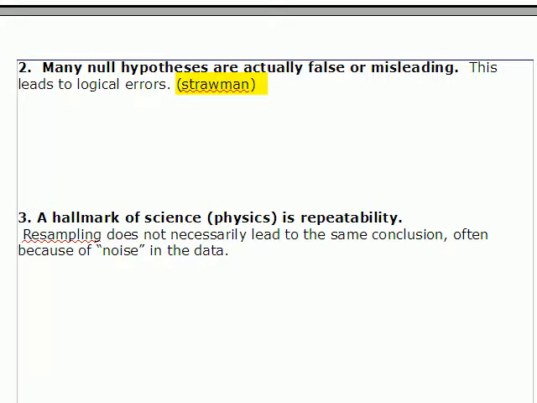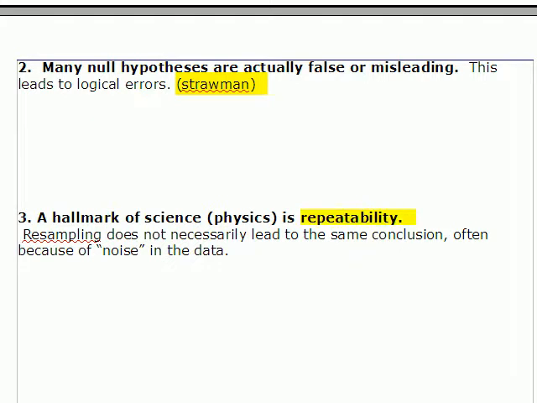And if you're in academia and you have to publish, well, this might have been done out of desperation. Okay, so that's a problem with it. It has to do with the null hypothesis being actually false or misleading, and maybe the person didn't do it intentionally.